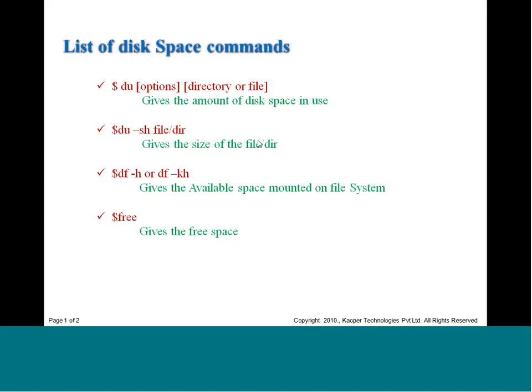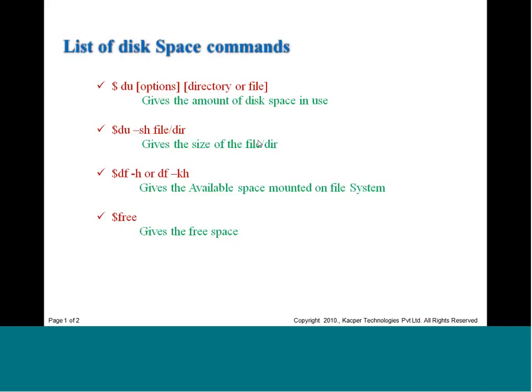We will see how this command gets executed. If you run du -sh on the file or directory, that gives the size of the file or the directory. And then the other one is the df command, df -h and df -kh. This one gives you the available space mounted on a file system.